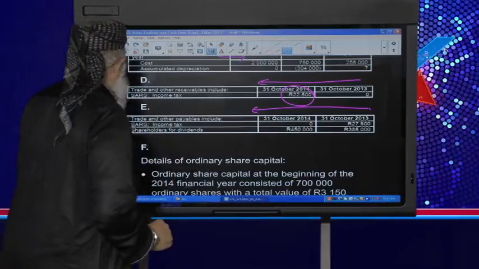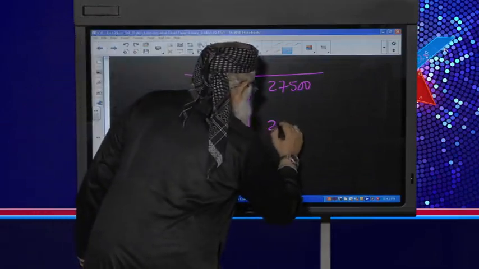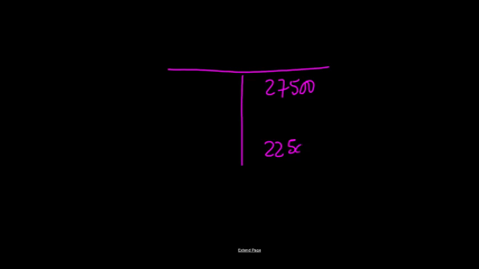Important, 22,500 debit balance, which will be brought down as a debit balance. So I've got my opening balance, I've got my closing balance.